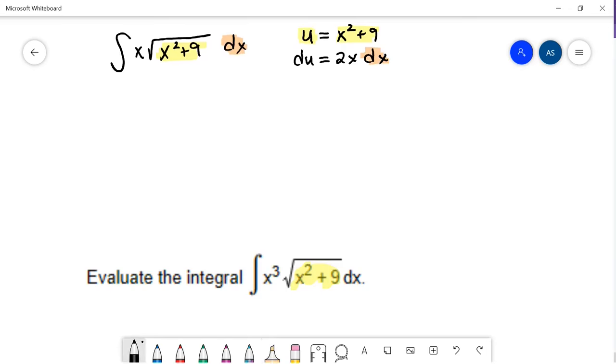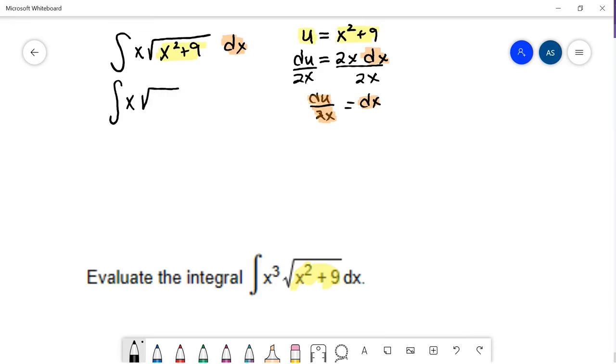So before I do that substitution, I need to solve for the dx. So I'll divide by 2x on both sides. That gives me dx equals du over 2x. So I'm going to substitute in for the dx. So once we do the substitution, you'll have this here.